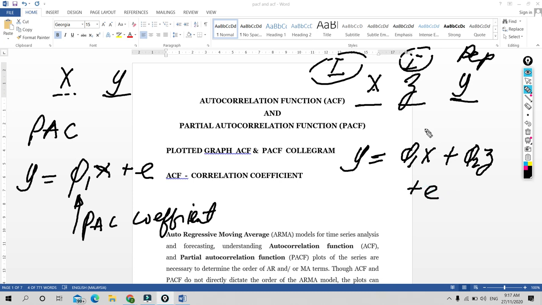Now the PAC for this function is the last coefficient, you can refer to phi 2.